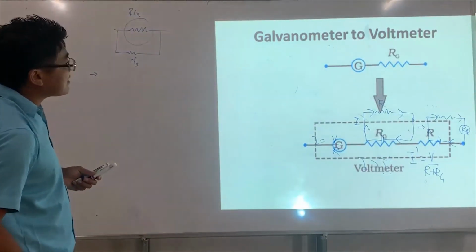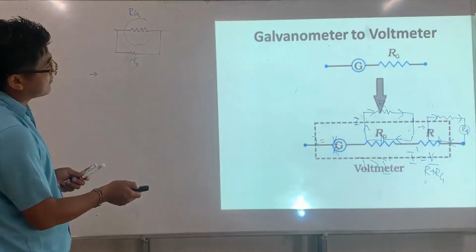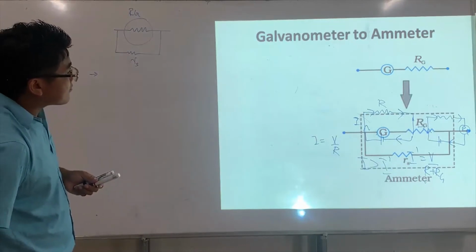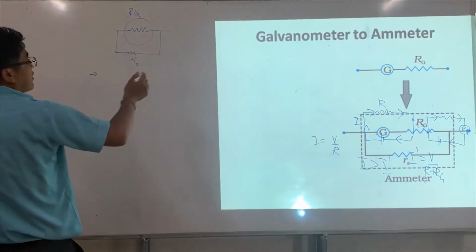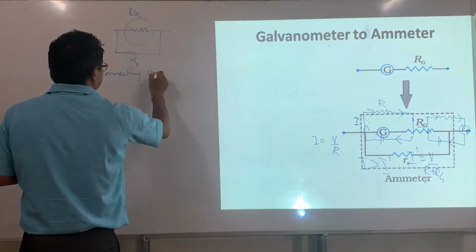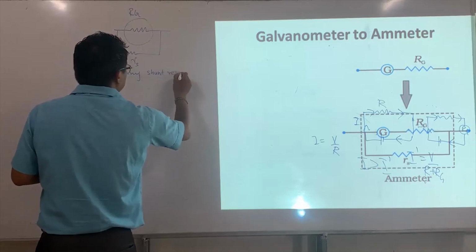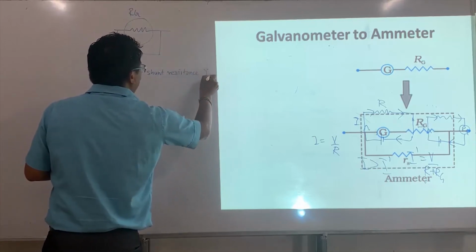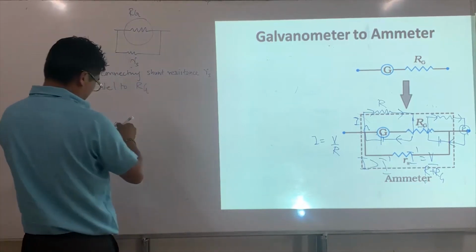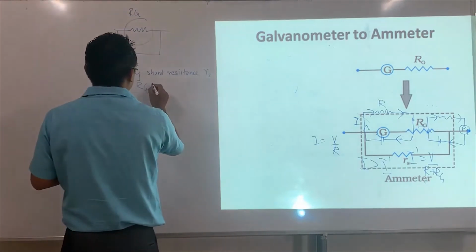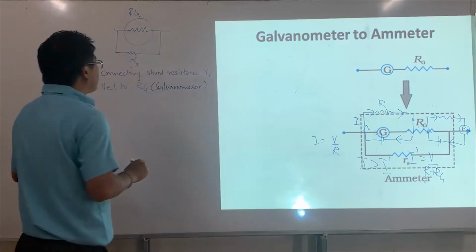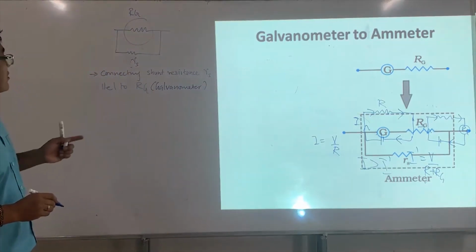Connecting the shunt resistance Rs parallel to the galvanometer. Rg means galvanometer. So connecting the shunt resistance Rs parallel to the galvanometer, this is what we have.